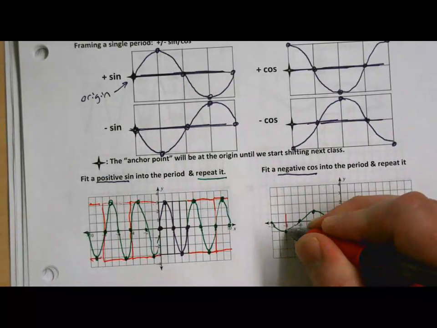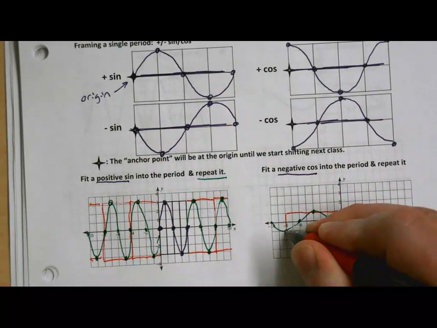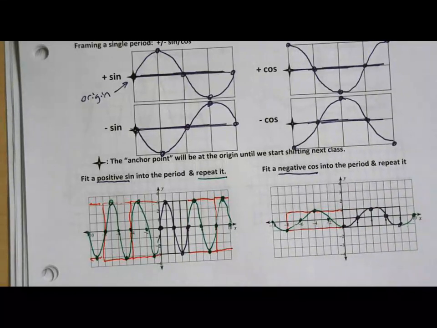If it helps you to draw the boxes, you can do it that way.